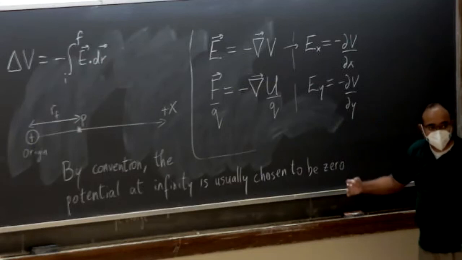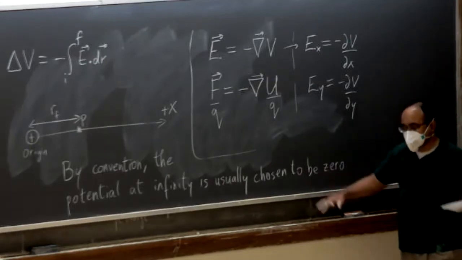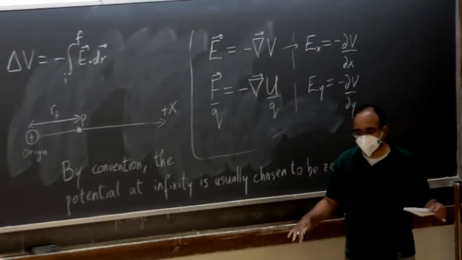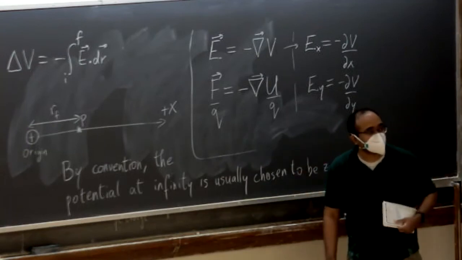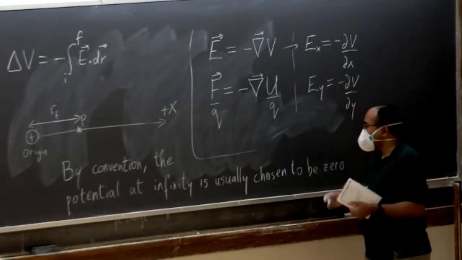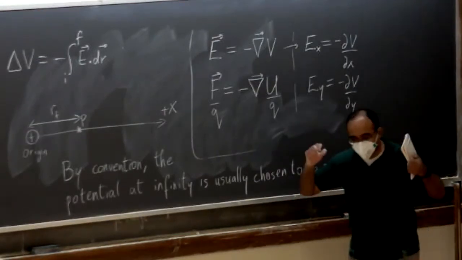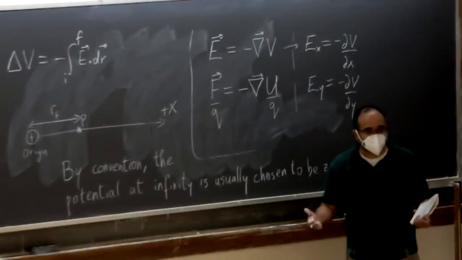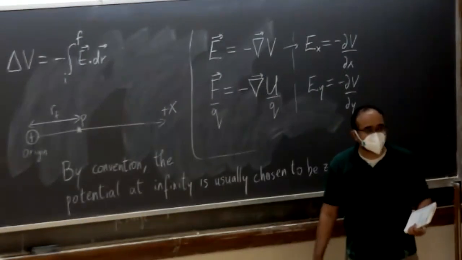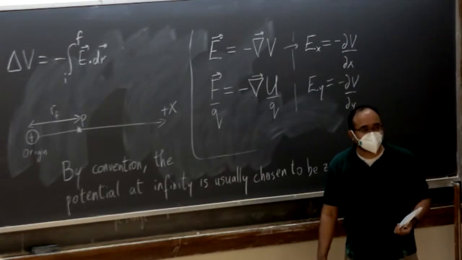The potential is a scalar, right? So if you have some set of charges, you can draw a function for the potential, and then you look at the slope of that function. The negative of that slope tells you something about the electric field at that point.